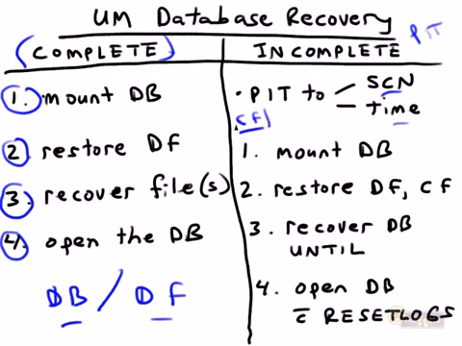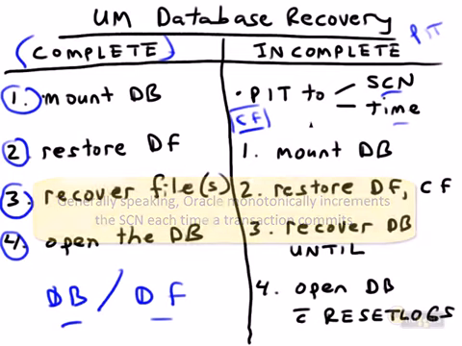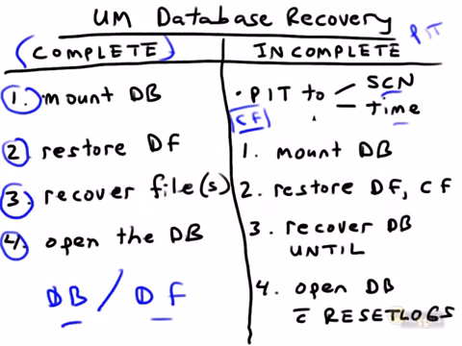Remember, the control file is kind of the brains of the operation. It needs to know the state of every data file in the database. So as long as the control file SCN references match that which is in your data files, you are in a consistent state, and when you start up the next time, Oracle will not attempt any crash recovery and you won't have to do any media recovery on your own.